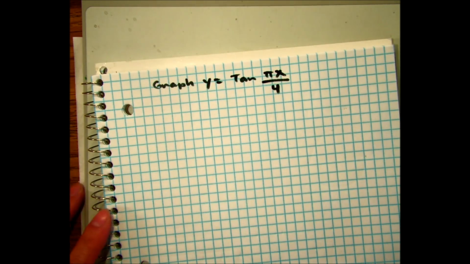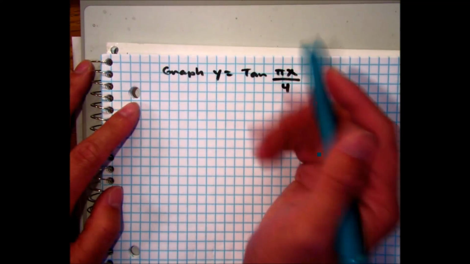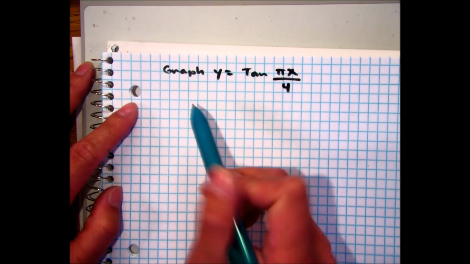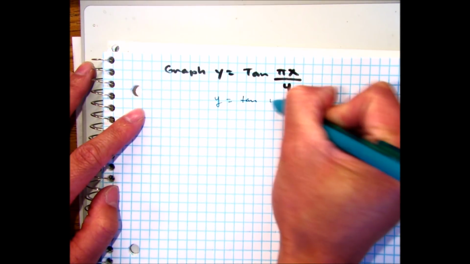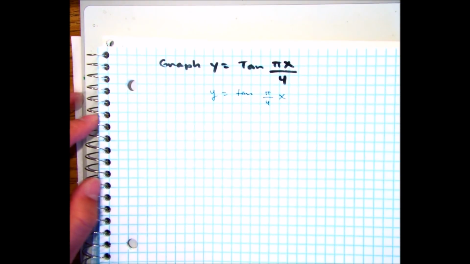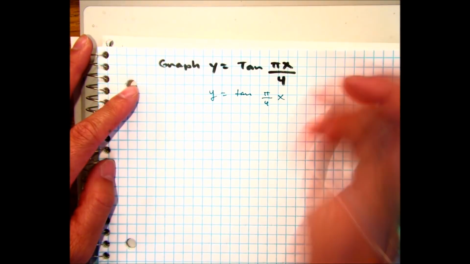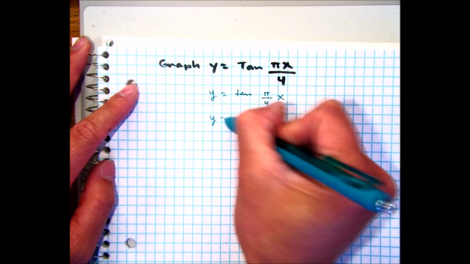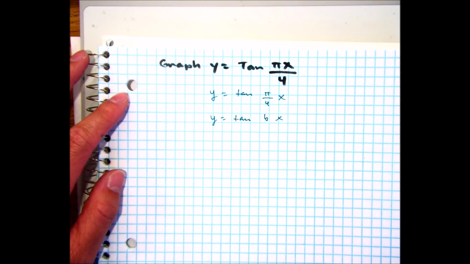Alright, so the first thing I'm going to do is find the period. In order to do that, you might want to rewrite this as y equals tangent of pi over 4 times x. The reason I did that is to show you that the b value is pi over 4.